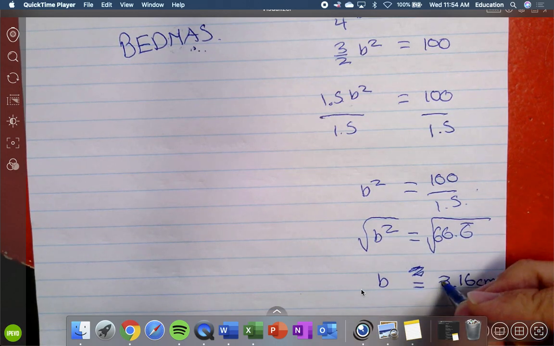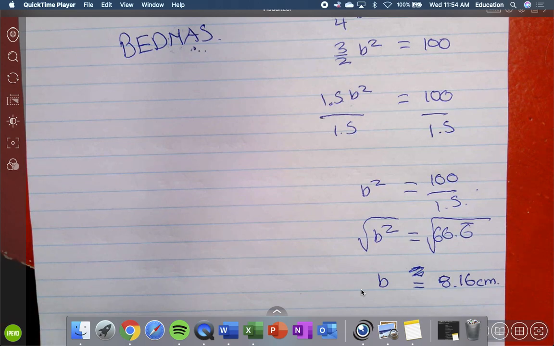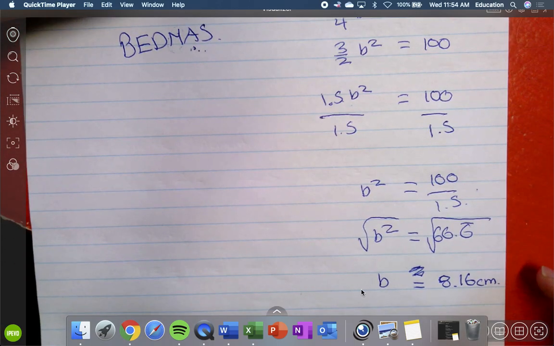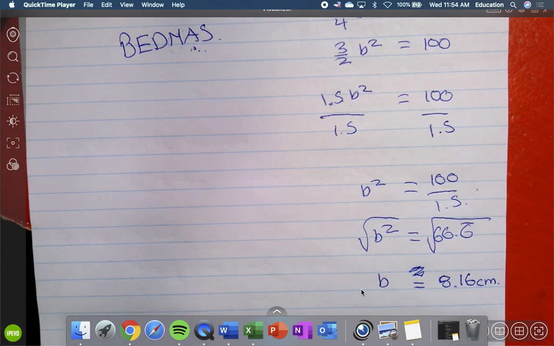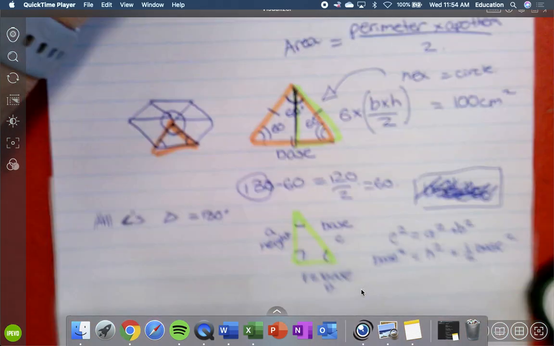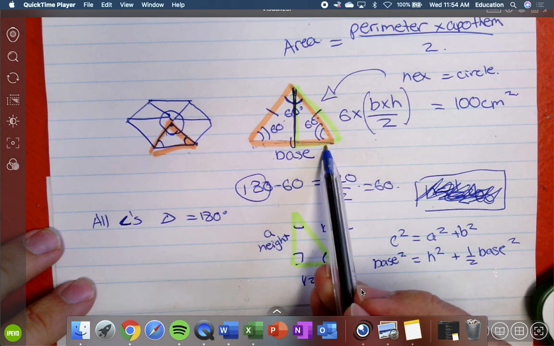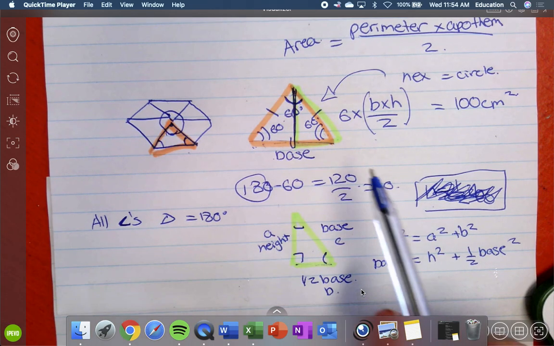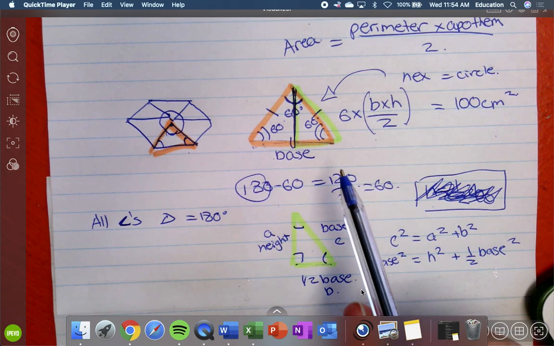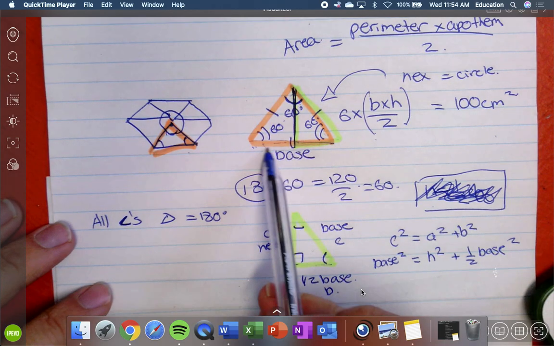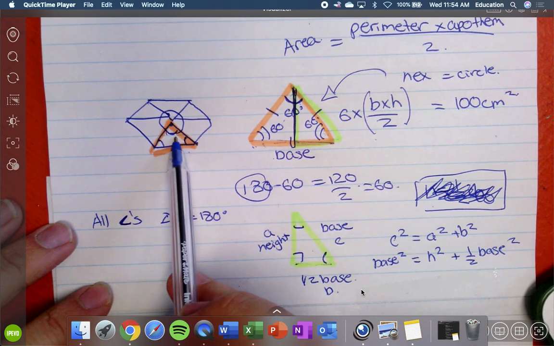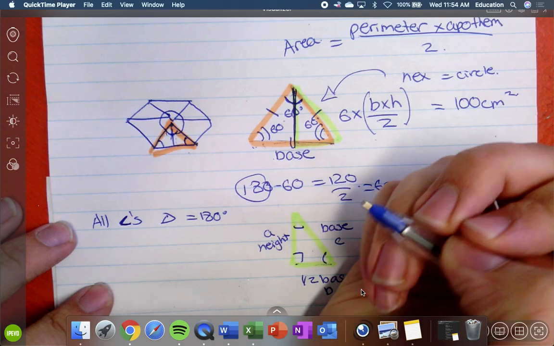If I go back to my picture, I saw that my base is 8.16. So my height is half of my base, so it would be about 4. So for this hexagon, the base is 8, and the apothem is 4.